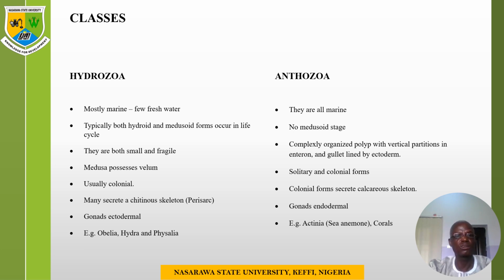They are usually colonial, that is, they exist in colonies. Many secrete a chitinous skeleton, which is known as perisarc. Gonads are found in the ectoderm. Examples of Hydrozoa are Obelia, Hydra, and Physalia.